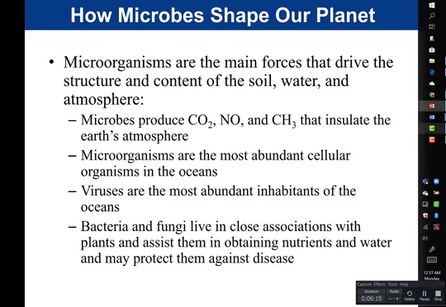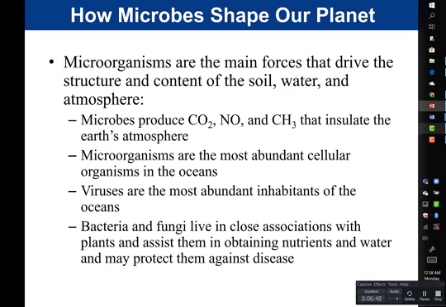So microorganisms are the main forces that drive the structure and the content of soil, water, and the atmosphere. For example, microbes can produce carbon dioxide, NO gas, and methane, CH3, and these gases are used to help insulate the Earth's atmosphere.